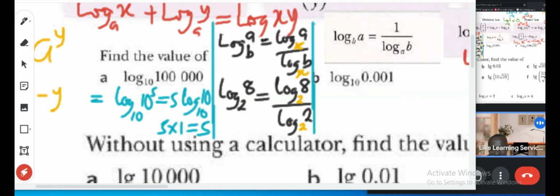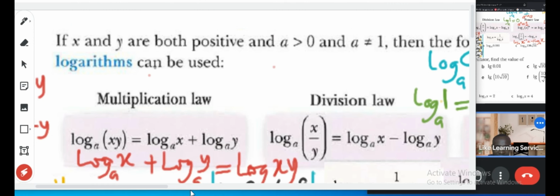Now see the way I did it. The question is log of 100,000 in base 10. And I said this 100,000, change it to 10 raised to power 5. So it becomes log of 10 raised to power 5 in base 10. Apply the power law.